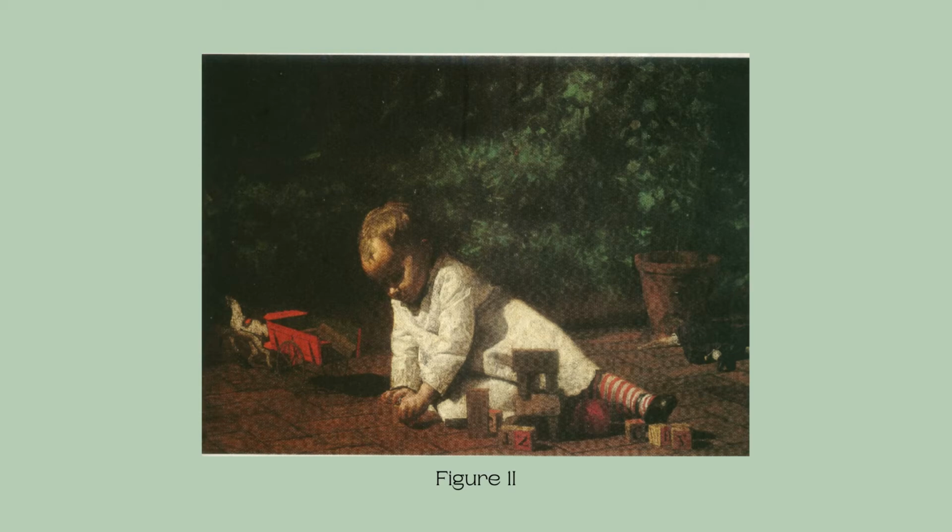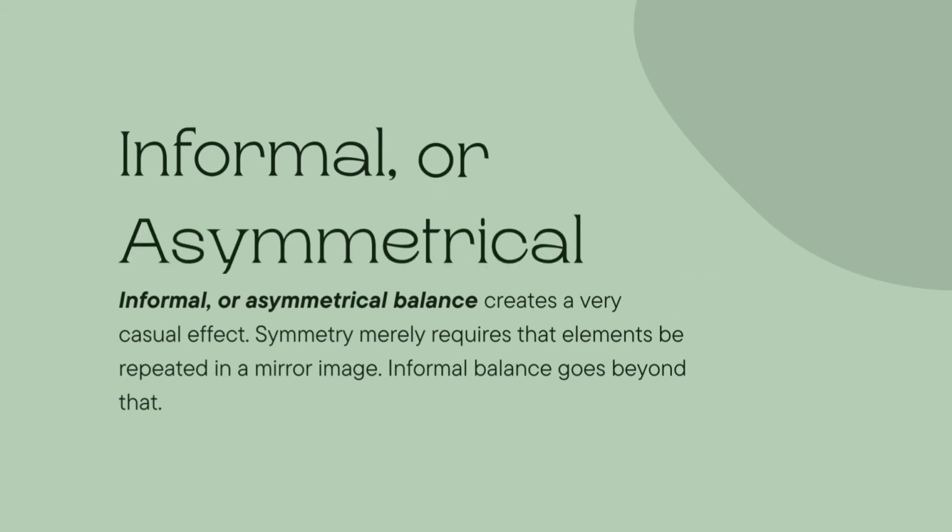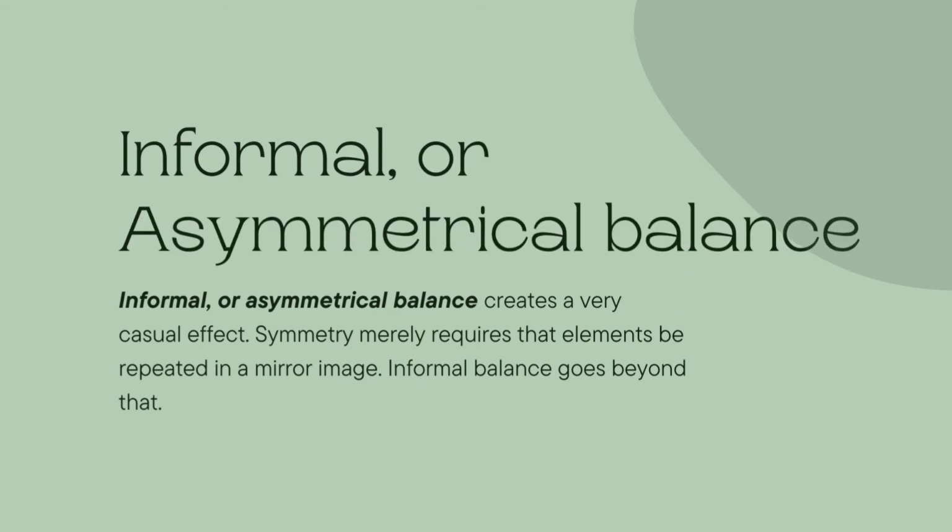Informal balance gives this composition the look of a snapshot or candid. So, informal or asymmetrical balance creates a very casual effect. It seems less planned than formal balance. However, it is not. What appears to be an accidental arrangement of elements can be quite complicated.